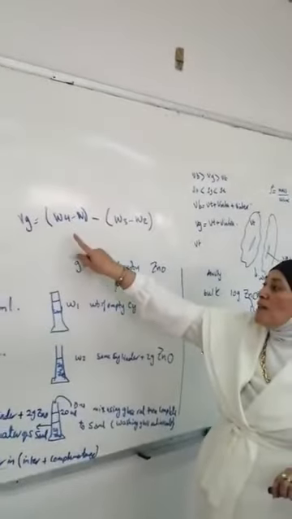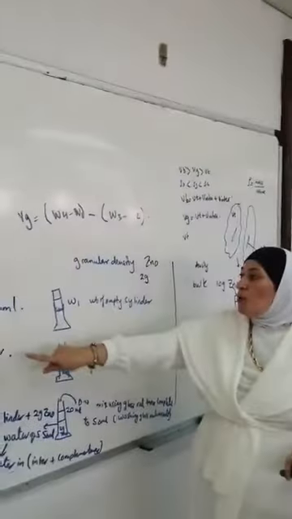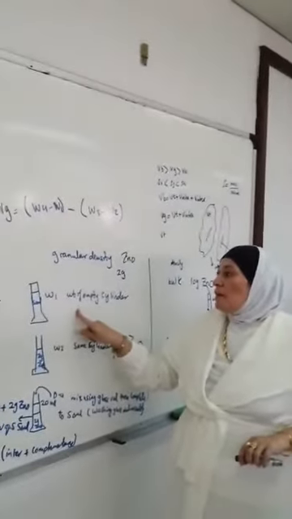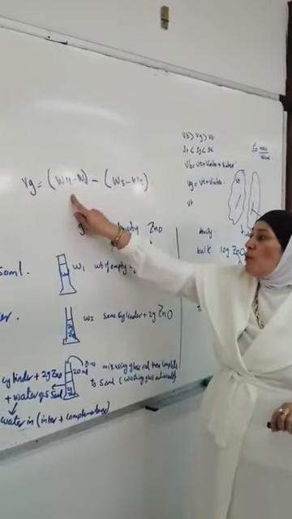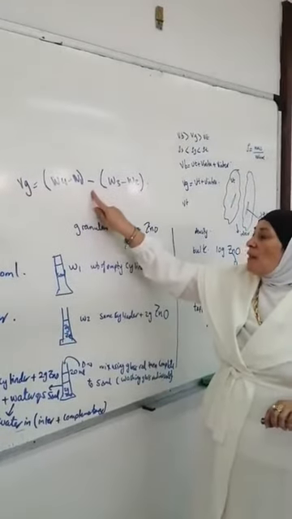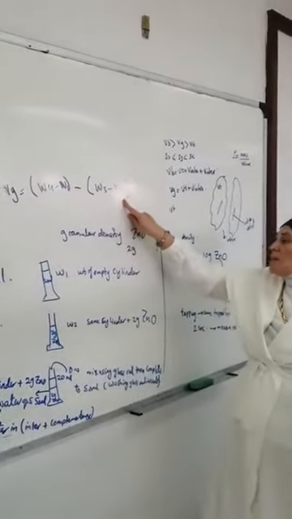We can really use this equation to calculate the granular volume by subtracting W4 from W1. We will get the weight of the water minus W3 minus W2.